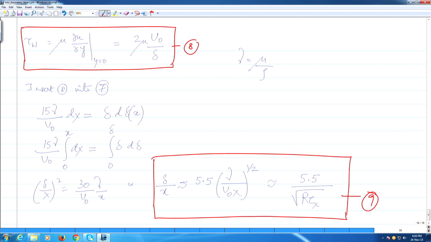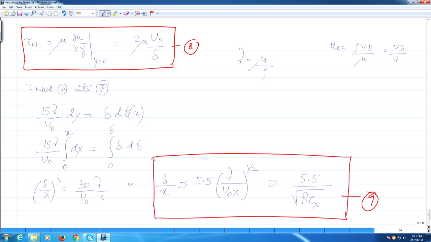Now, this u naught x by nu is nothing but the Reynolds number. The expression for Reynolds number is rho v d by mu, which is nothing but V d by nu.